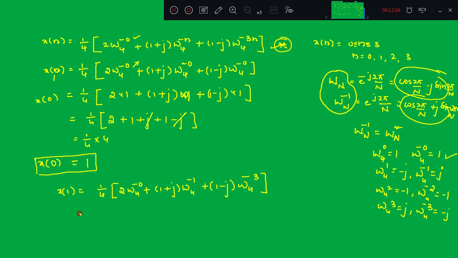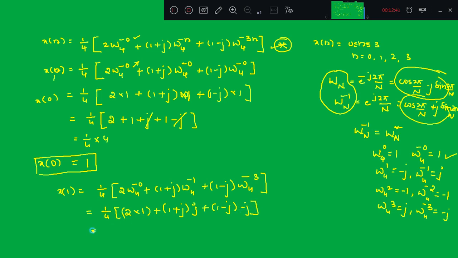Now substitute 1 by 4, 2 into W4 raised to minus 0 is 1, plus 1 plus j, W4 raised to minus 1 is plus j, plus 1 minus j, W4 raised to minus 3 is minus j.